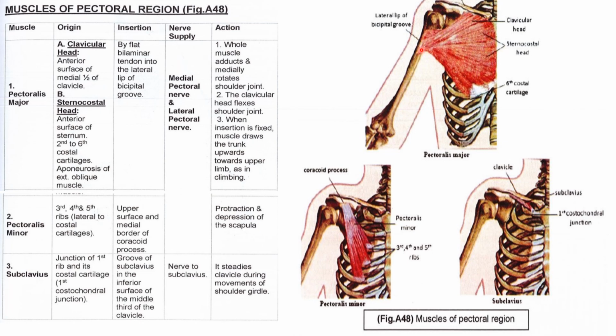Here we have the insertion of the pectoralis major. Then for the pectoralis minor, we have the upper surface and medial border of the coracoid process. The origin is here and its insertion is the coracoid process. See here.